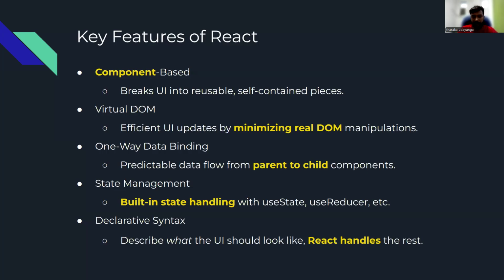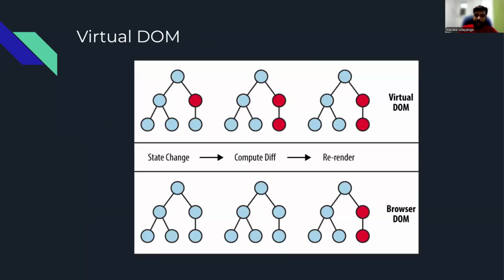These are hooks. We can manage the state with these hooks, and there is also a concept like setState in class components. We can learn about that as well. And then the declarative syntax: we need to tell React what it should look like, and then React handles the rest.